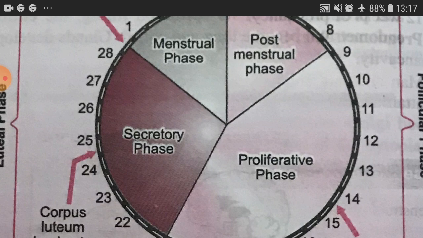If the fertilization does not take place, then the progesterone levels will come down and the estrogen levels will again start rising, the FSH level will rise, and the next menstrual cycle will start. But in the case of man, there are no cyclic changes in the reproductive organs. A male can produce sperms throughout life once attaining puberty.